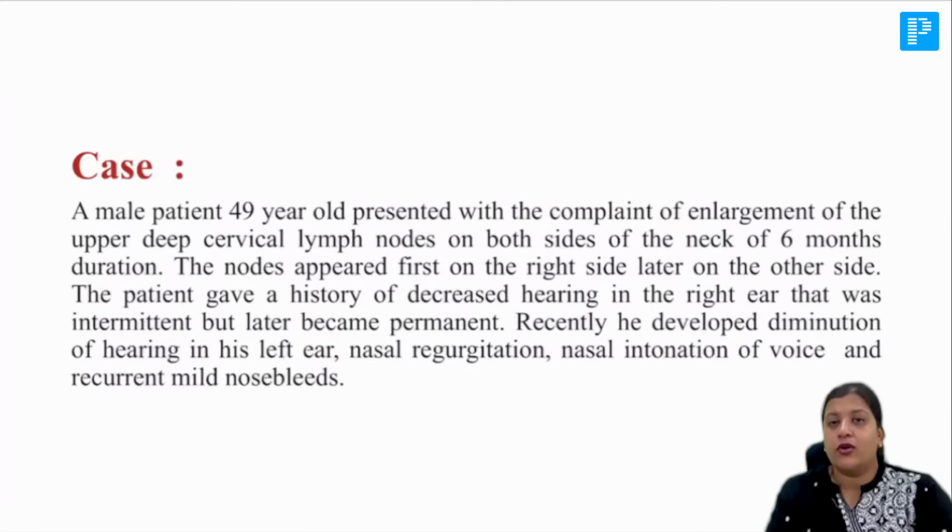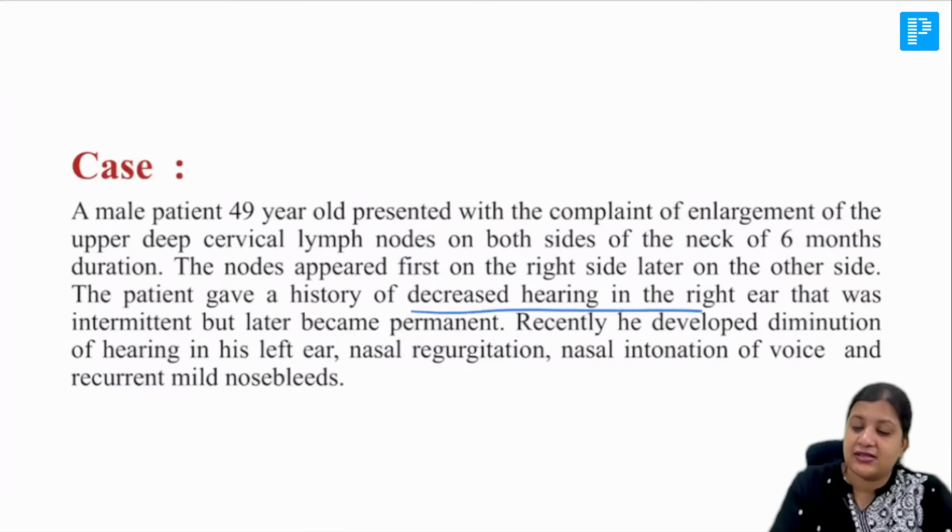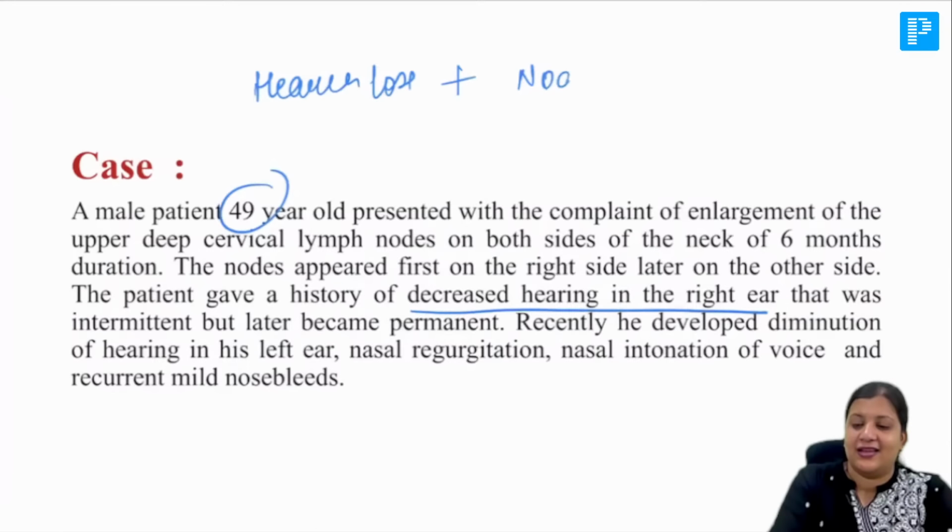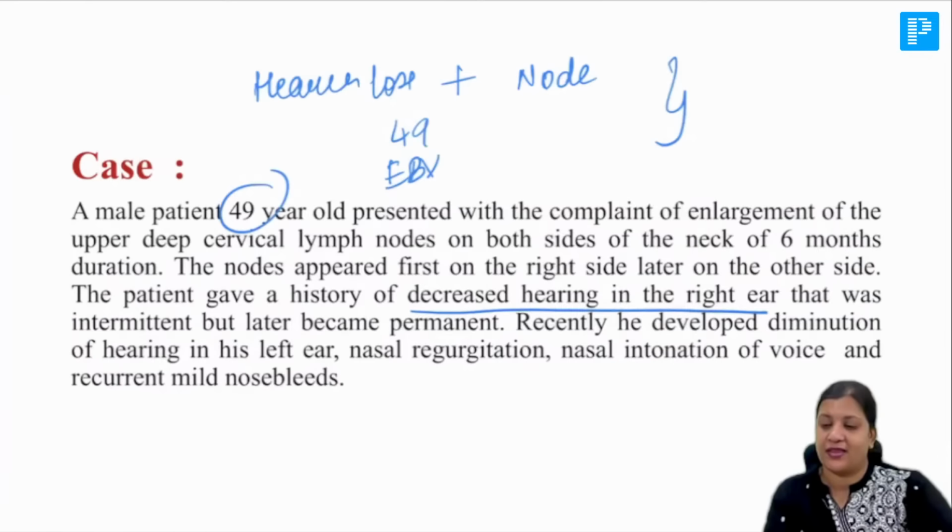A 49-year-old patient presented with enlargement of upper deep cervical node since 6 months. The node appeared on the right side and later on the other side. There is a history of decreased hearing with nodes. What should you think of in a 49-year-old? And you think if it is associated with Epstein-Barr virus, what would your answer be?